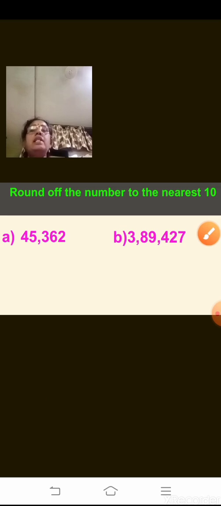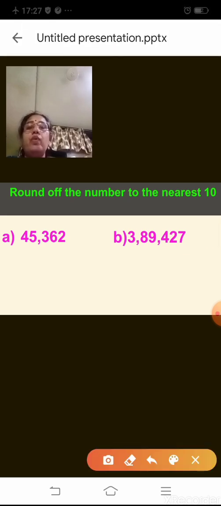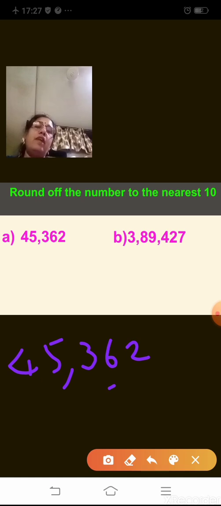Now just see this sum: round off the number to the nearest 10. Here the number is 45,362. You have to round off the number to the nearest 10. Here the digit that follows is 2. That is, after 6, the number which follows is 2.